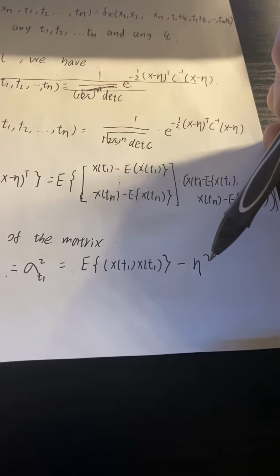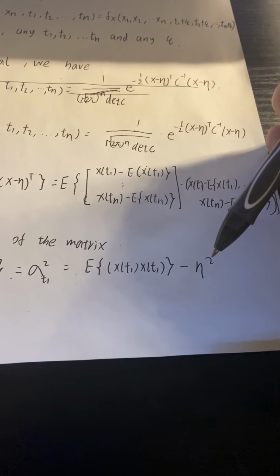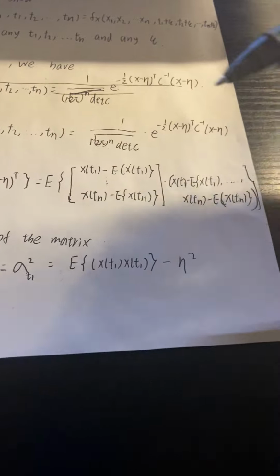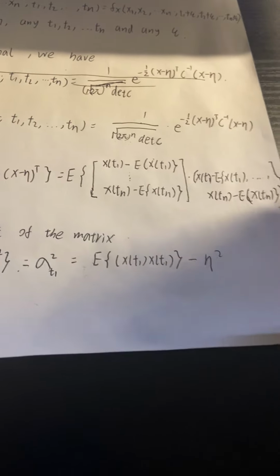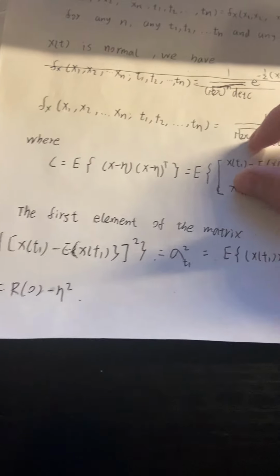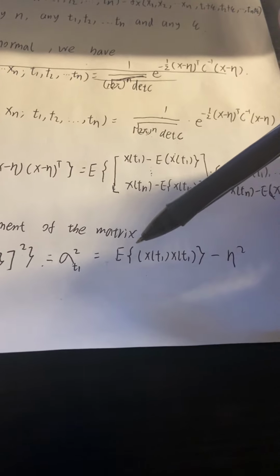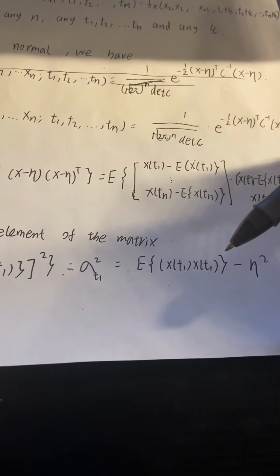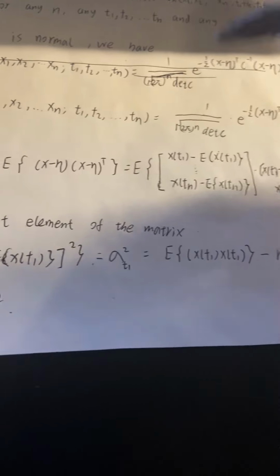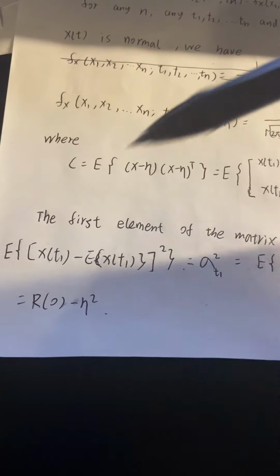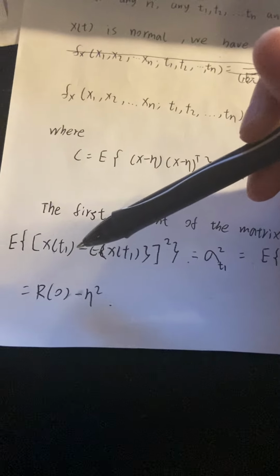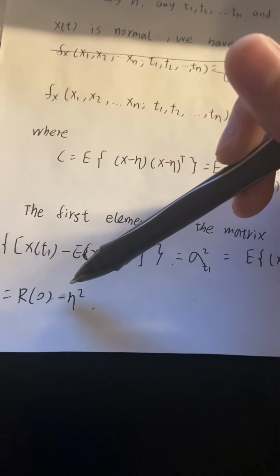We know x of t is wide-sense stationary, so the expected value of x of t is a constant eta. So the first term will be the autocorrelation, and since x of t is wide-sense stationary, it will be R of 0 minus eta squared.